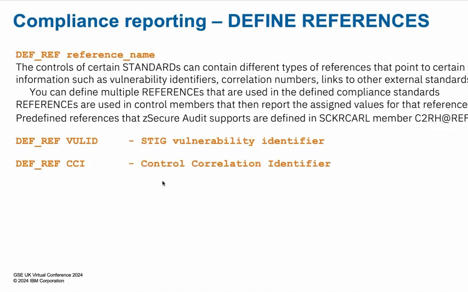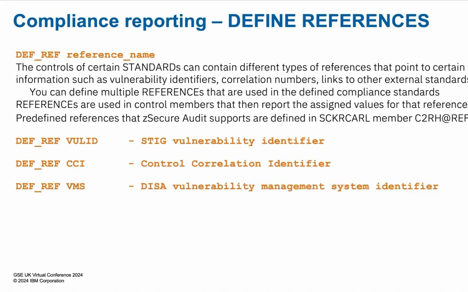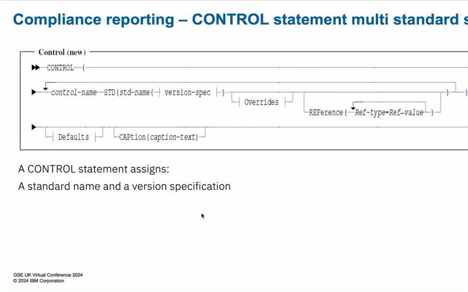We have the CCI. That is the number that links to NIST. VMS, this is something specific for DISA. And the stick ID is another, this is the stick control name that we support. There are also more references.